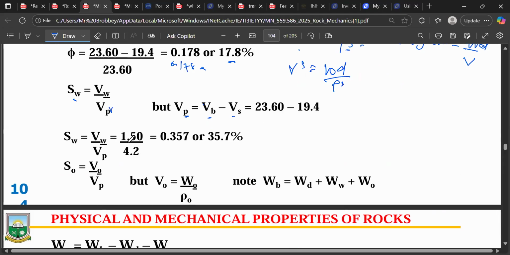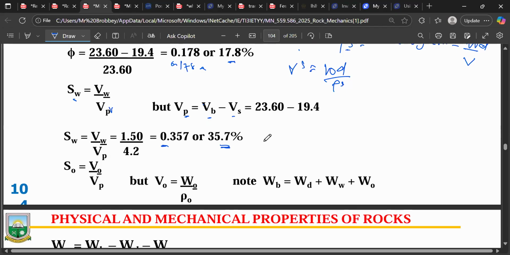And when you divide it, you're going to get the saturation for the water content: 0.357 or 35.7%. So this means that of all the voids in the soil, about 35.7% is filled with water.